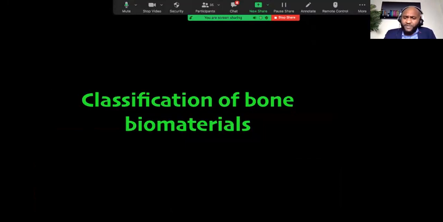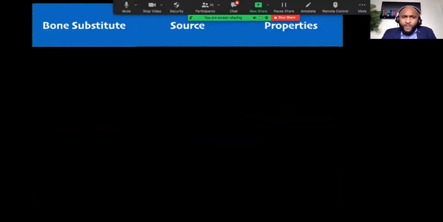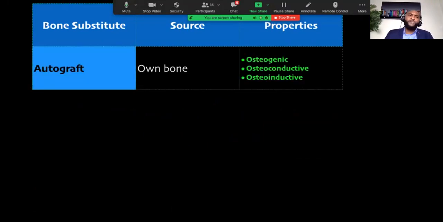So let's classify bone materials. Now, bone substitute materials are best classified according to their source. So for instance, an autograft or autologous bone is a patient's own bone. We've said this is the best bone substitute material.